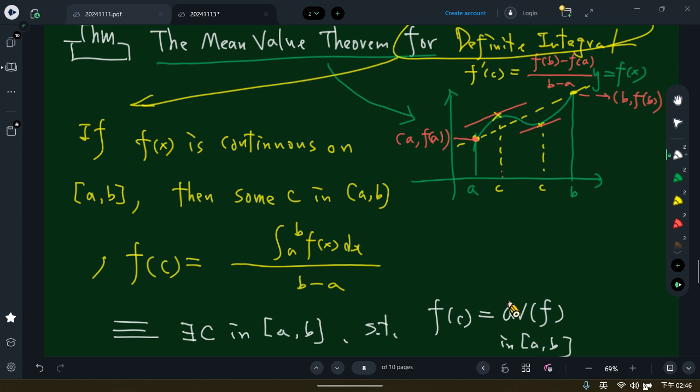In this case, it just happens for a continuous function. In the discrete one, it does not always happen. For example, in this case, I can always find a certain point C in AB whose function value is exactly the same as its average.